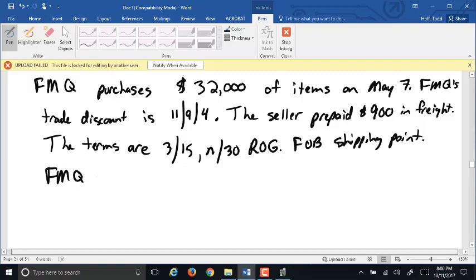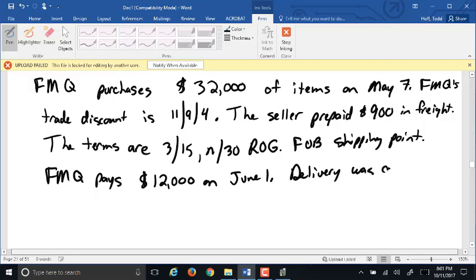FMQ pays $12,000 on June 1st. Delivery was confirmed on May 22nd.